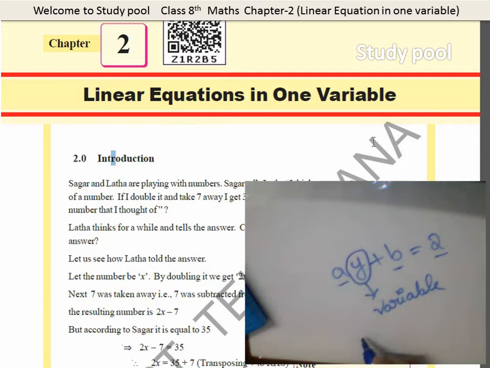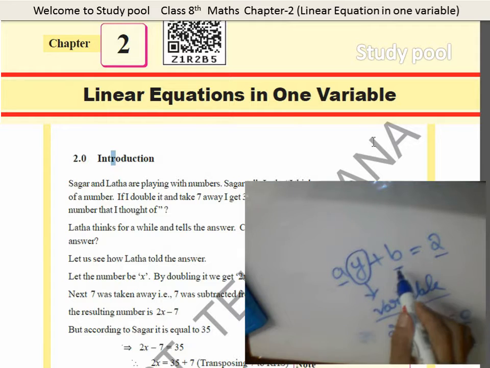Now if I take 2z plus 3 is equal to 0, here 3 is a constant, 0 is also a constant, but z is called a variable. I think you understood well about the variable. A variable is nothing but a value we can change. Variable means vary. Constant means that it cannot be changed, it should be fixed.